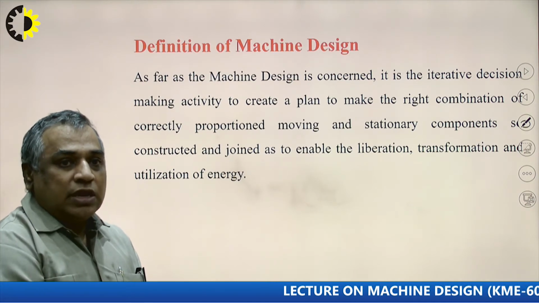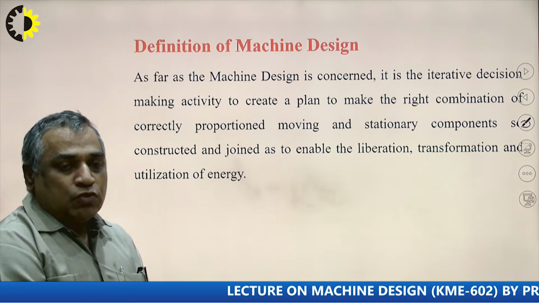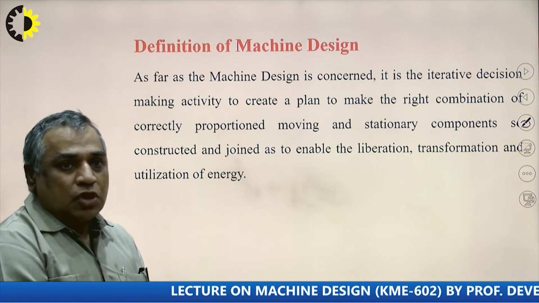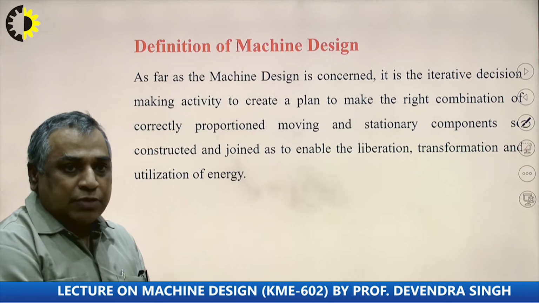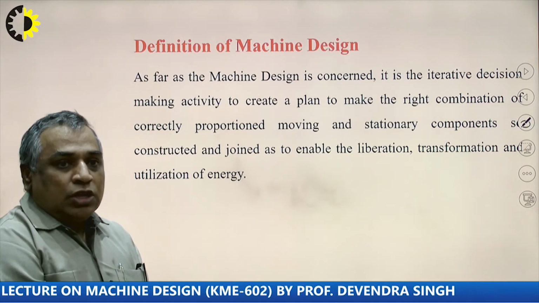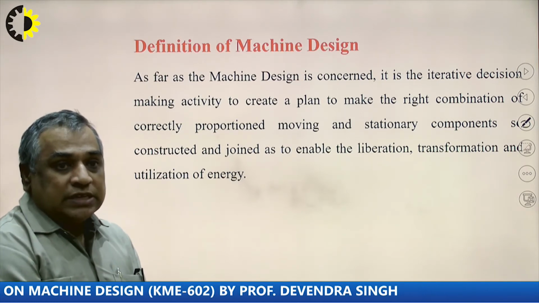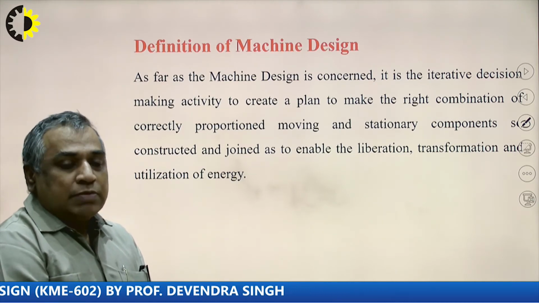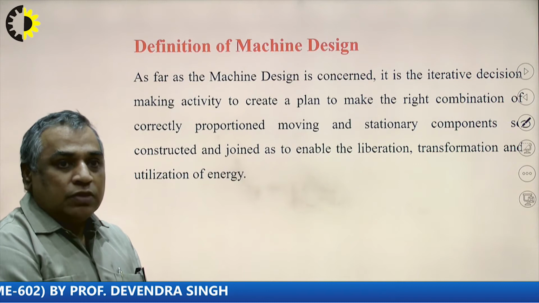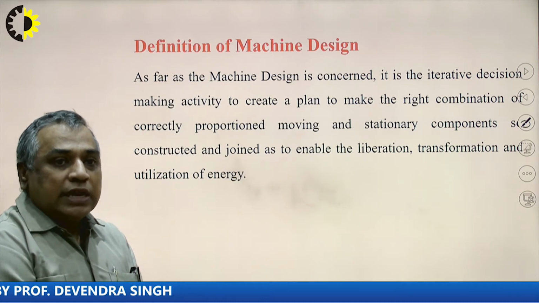You can take any example of to and fro motion, like a quick return mechanism or a slider crank mechanism. In a quick return mechanism, we add some extra links to get the quick return as compared to the forward motion, through which we can get the cutting action.